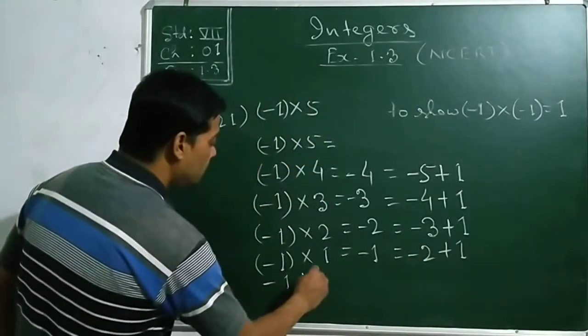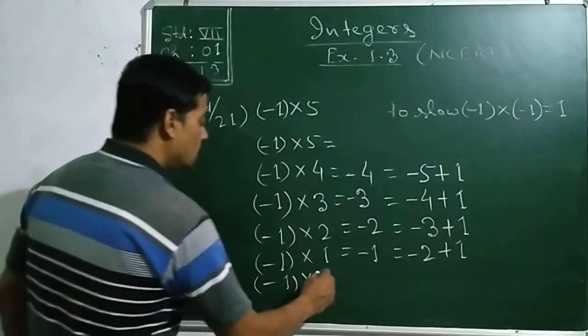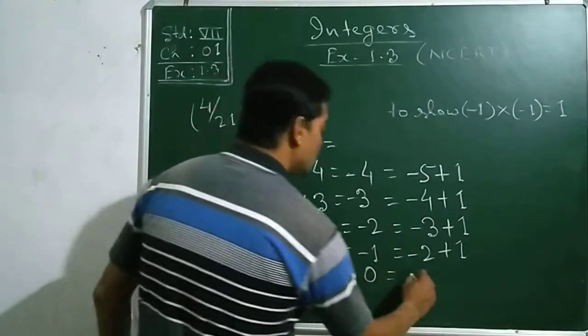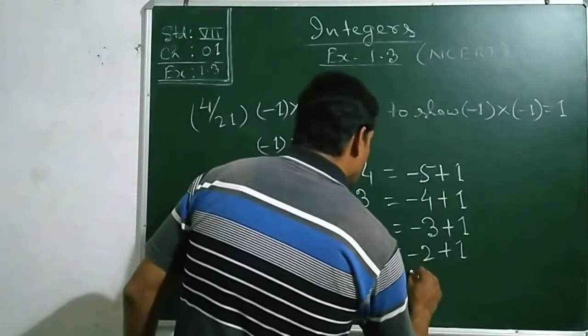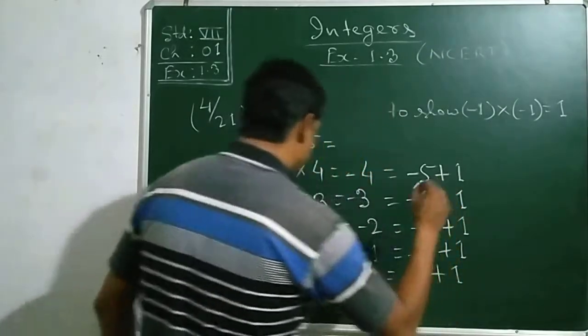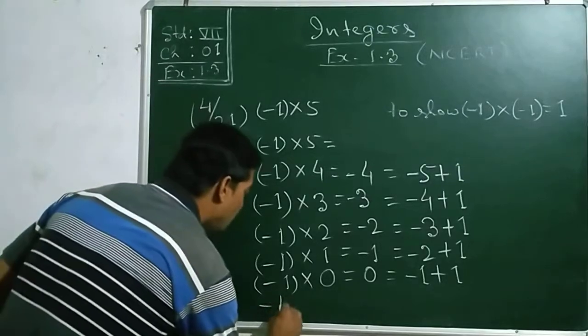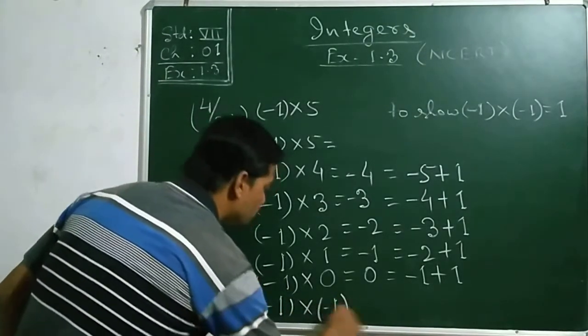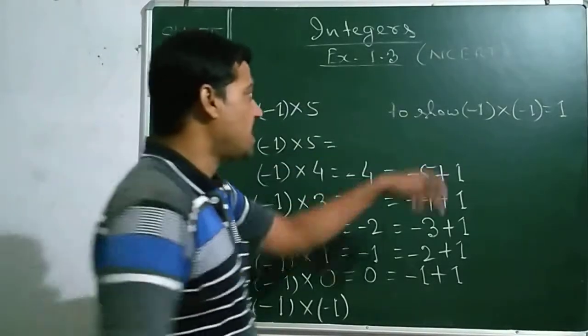Minus 1 into 0 equal to 0 equal to minus 1 plus 1. Now after that comes minus 1 into minus 1, the step that has been asked.